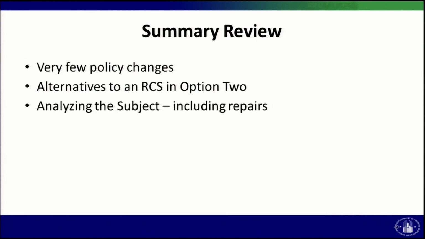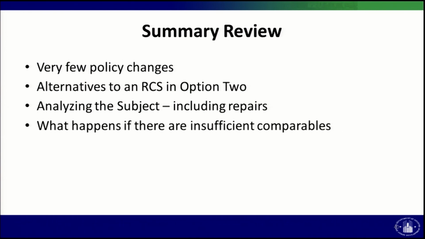We went into depth explaining how to analyze the subject to include any proposed repairs, and we discussed what happens if there are insufficient comparables. We also talked about valuing non-shelter services and pointed out where some errors had been made in the past when undertaking a rent comparability study.